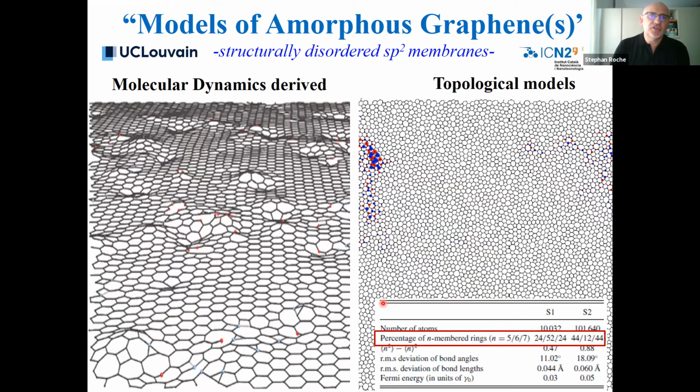So with this type of methods, we can investigate structures that are really disordered and really complex and of very large size. These are examples of the typical models that we investigated, like disordered graphene using a molecular dynamics, let's say, synthesis, or purely topologically disordered materials by changing the density of non-hexagonal rings.